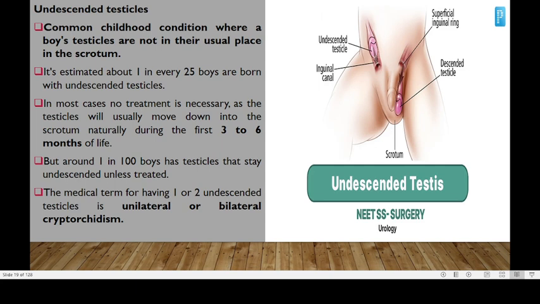So when a child has undescended testes and they are coming for immunization from the 3rd to the 6th month, that's when you need to confirm that they have descended, right? But around 1 in 100 testicles will stay undescended unless treated. The medical term for having 1 or 2 undescended testes, it could be unilateral or bilateral, is cryptorchidism, right?